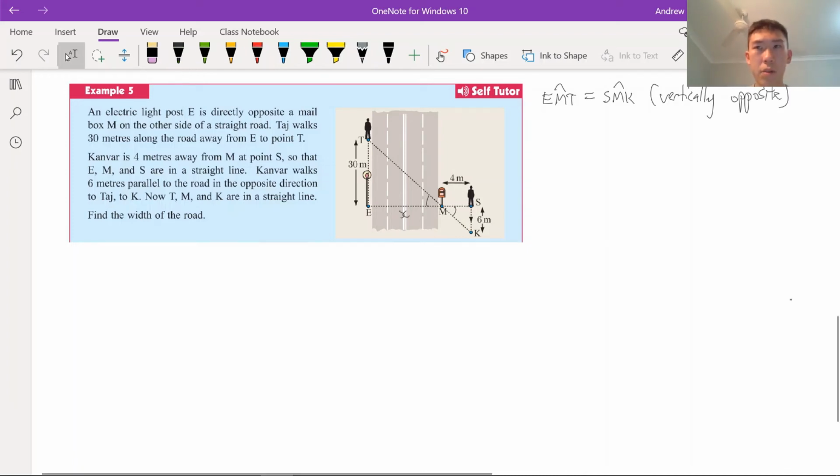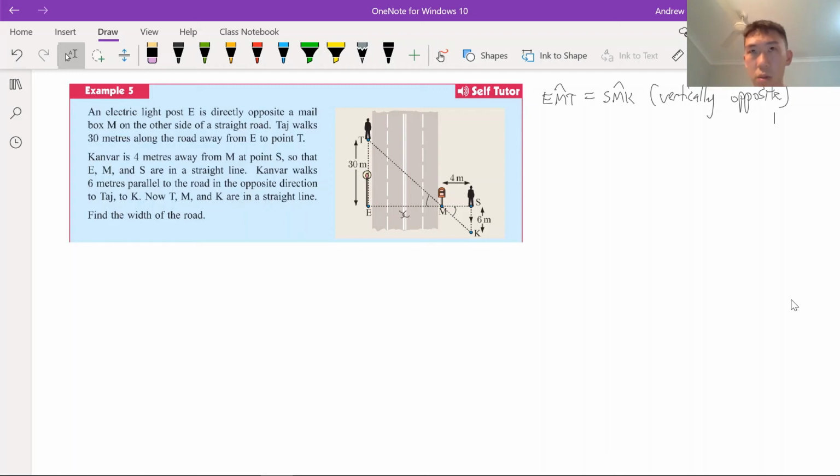And then I'm going to show that, what else do we know about these triangles? Okay. See, E is directly opposite a mailbox along the road. E, M, and S are in a line. I'm just trying to see whether we can justify that these are right angle triangles. If we can't, it doesn't matter.